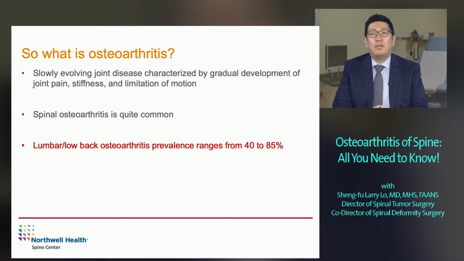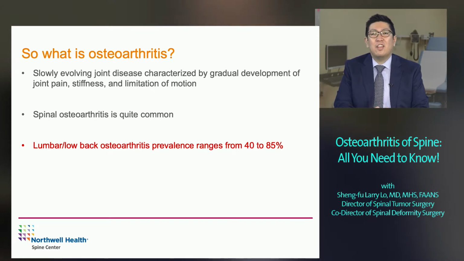So starting off with the terminology, what is osteoarthritis? It's basically a slowly evolving joint disease characterized by gradual development of joint pain, stiffness, and limitation of motion. It can occur in any part of the body, such as your elbows, your knees, your hips, as well as your spine.